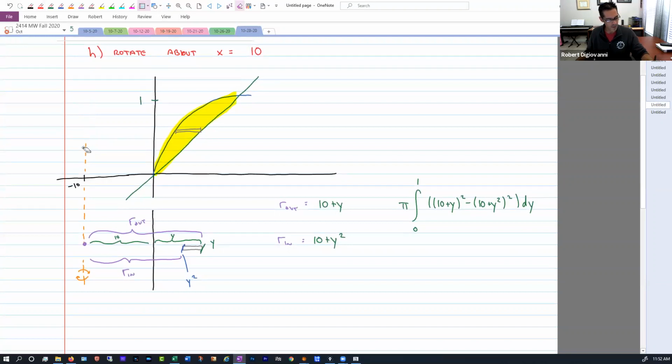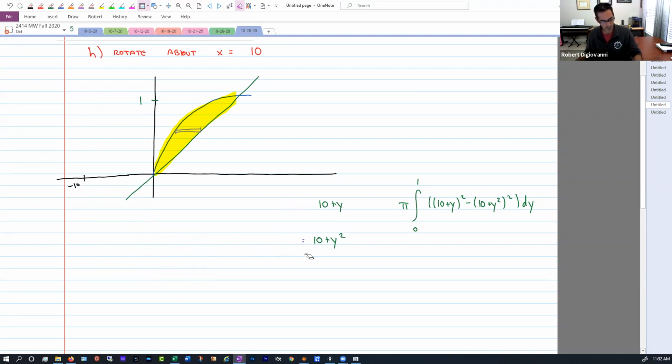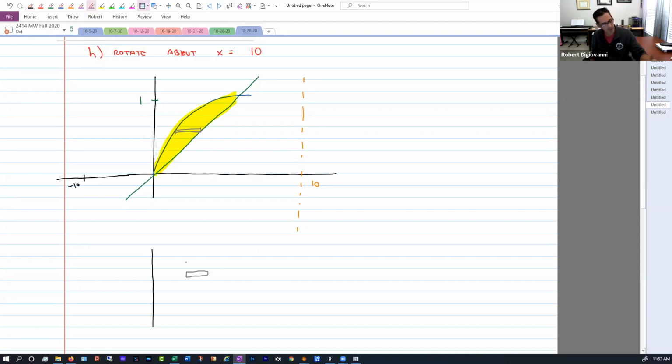So all that's going to change, all that's going to be gone. Okay, so positive 10 is over here. I still draw my y-axis. I still draw my rectangle. It's still the blue on the left, still the green on the right. I have my axis of rotation.